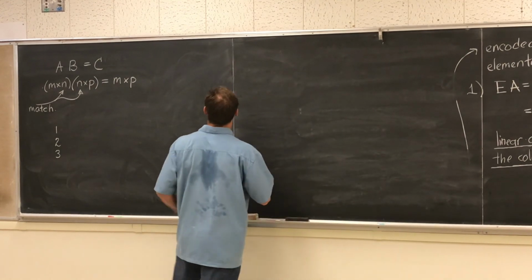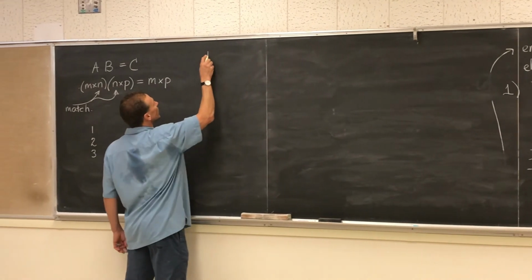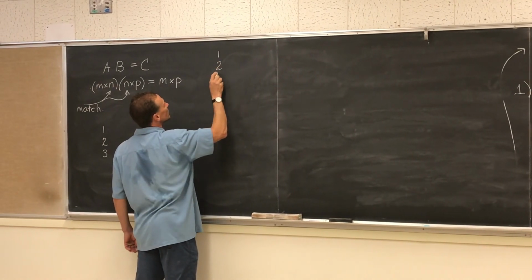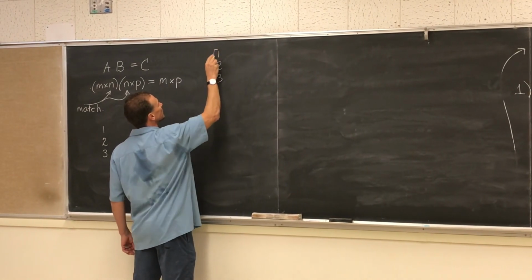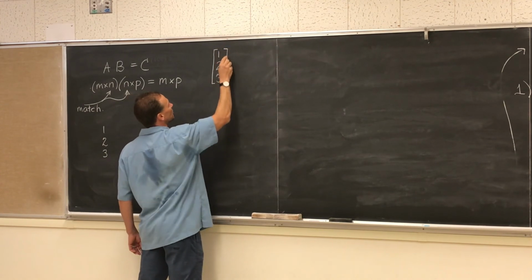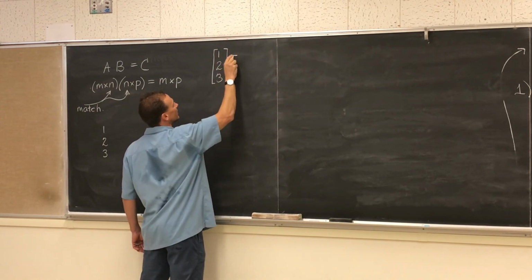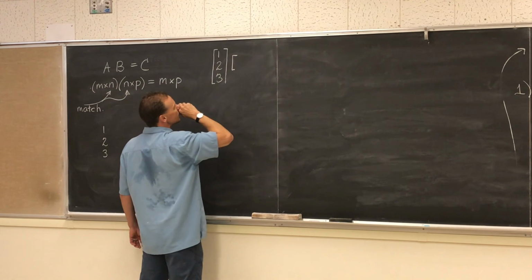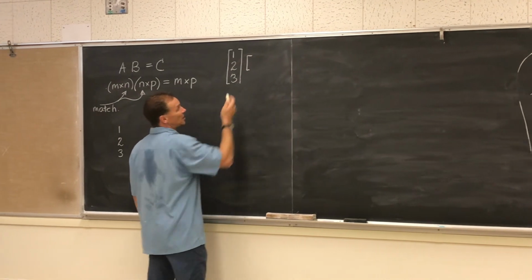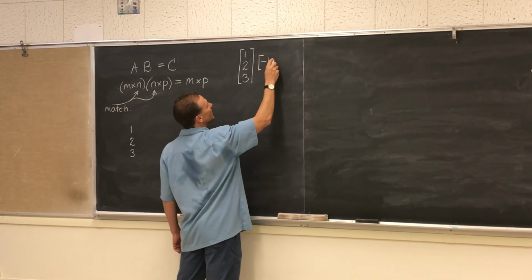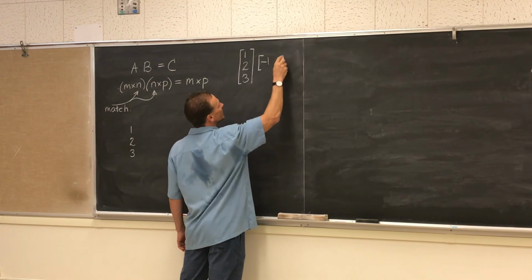Okay, so 1, 2, 3, and let's multiply that by, let's do this, how about -1, 4? That'll work.